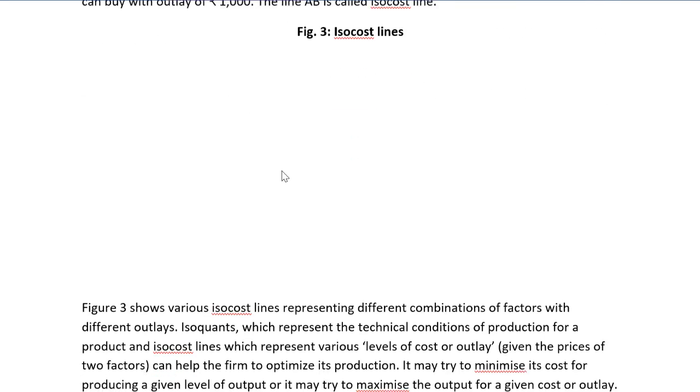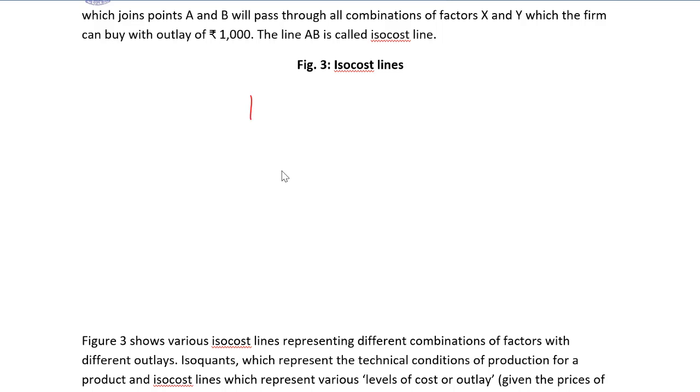Let us see an example, a graphical presentation of iso-cost lines.